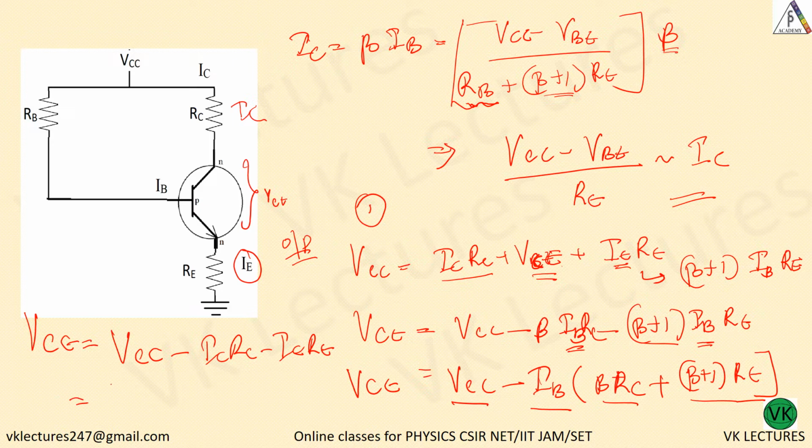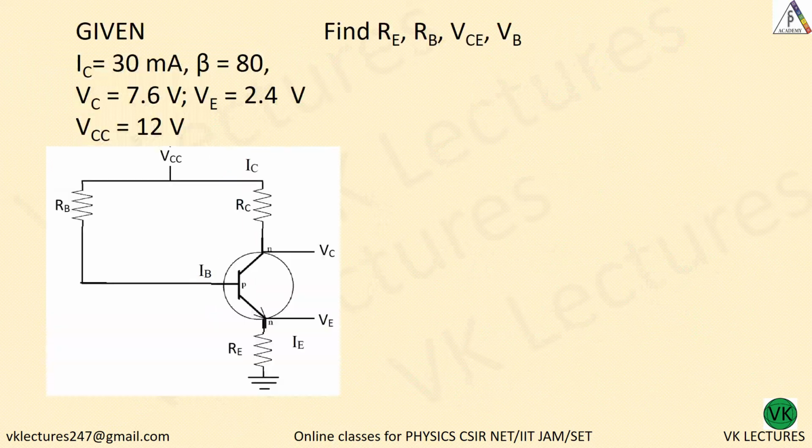So that is equal to VCC minus, considering IC and IE are the same, IC into RC plus RE. Please make a note of it.